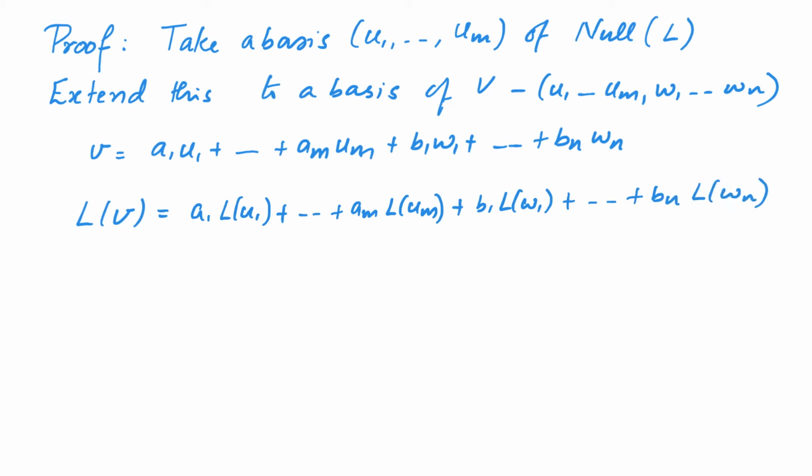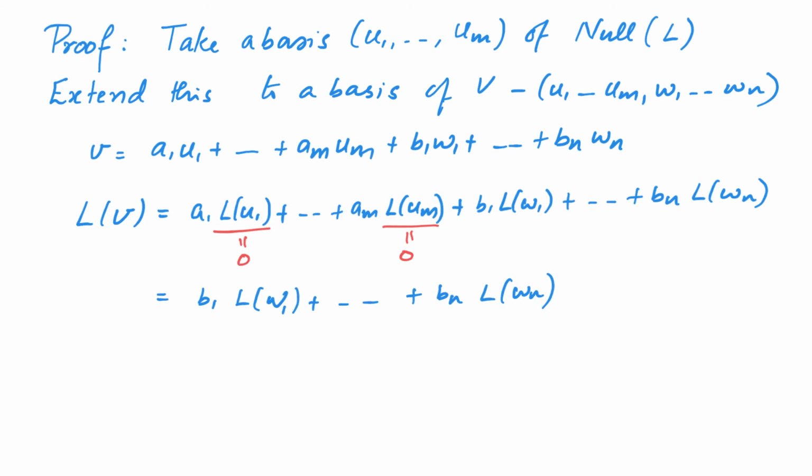Now notice that as u1, u2, etc. up to um belong to the null space, L of u1 is equal to 0, L of u2 is equal to 0, and so on up to L of um is equal to 0. Therefore, L of v can be written as b1 L of w1 plus etc. up to bn L of wn.